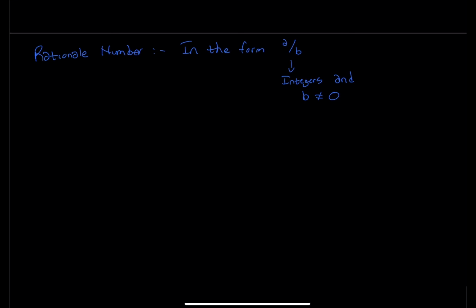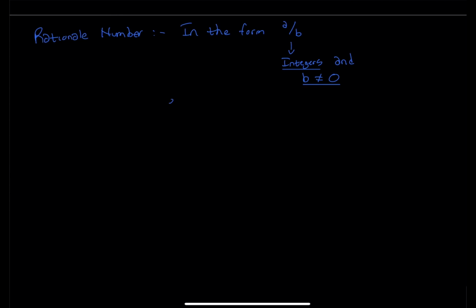So they have to be integers, and b can't be equal to 0. Some examples of rational numbers are, let's say, a half, 3, 4 over 2, 3.5, 4, 4.6, and many others.